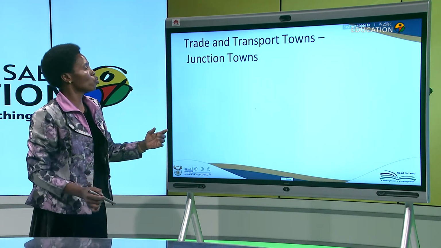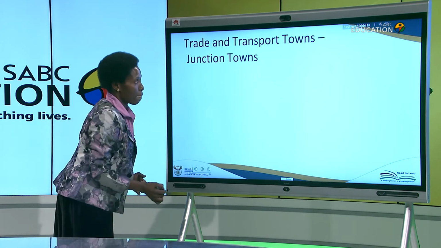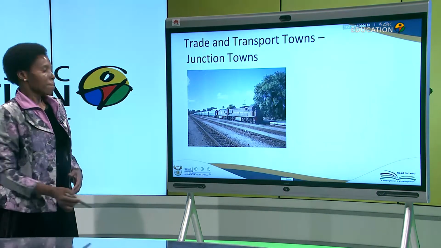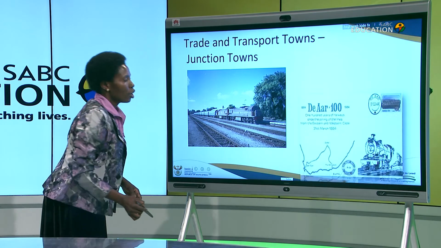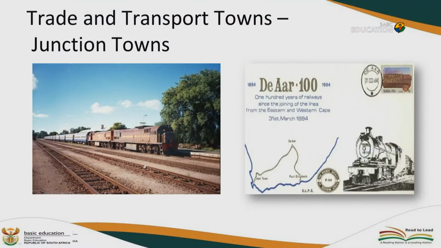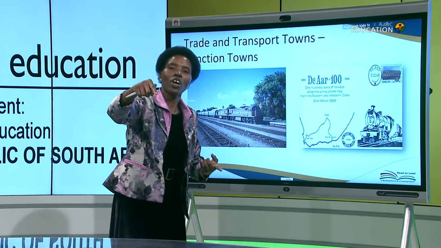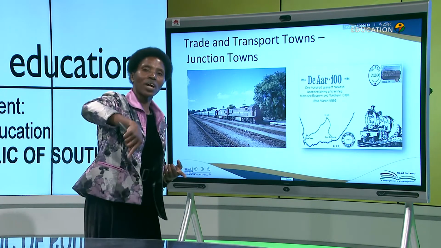Okay, let us look at the second one, the junction town. What is a junction town? When we look at this one, we have railway lines intersecting in one place. So people take advantage of this place, where two main railway lines are intersecting, and they come and build a town around that area.